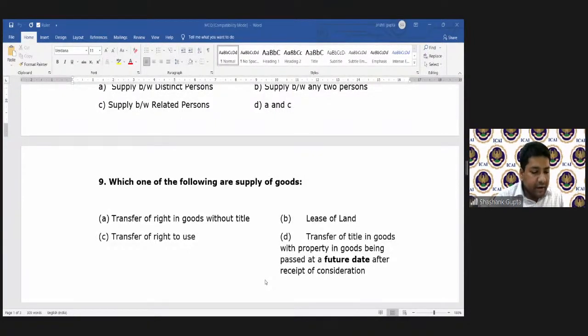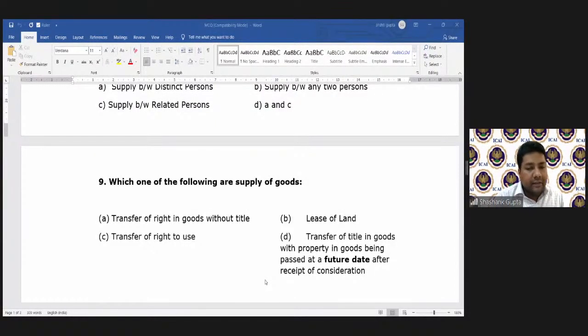Prashant, your answer is incorrect. Aditi, your answer is correct. Priyanka, your answer is incorrect. Shamim, your answer is correct. Christina, your answer is incorrect. Vijay Shankar, your answer is correct.